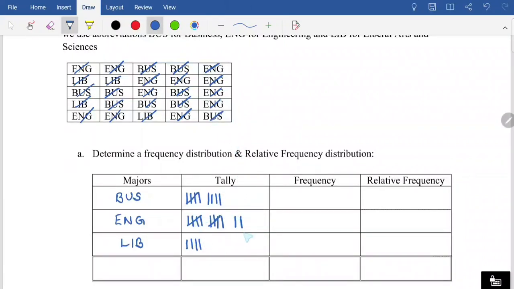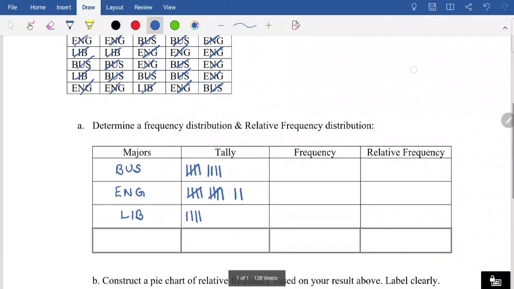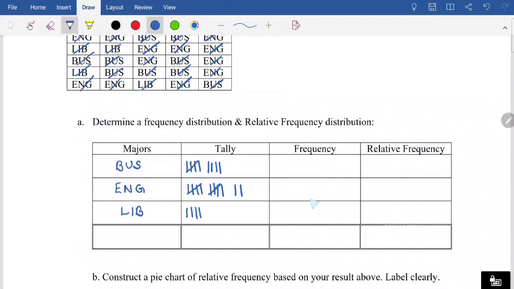All right. So now we have completed the tallying process. We are now going to count our tallies and list them numerically in the column for frequency. So for business, we have 5 plus 4, 9. It's easier to count when we bundle our tallies in 5s.